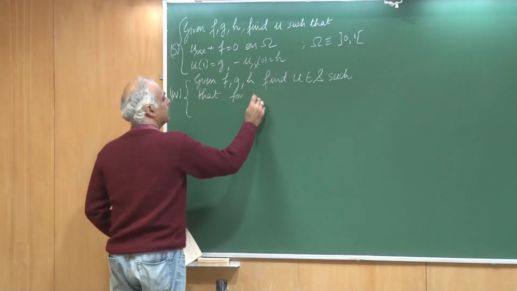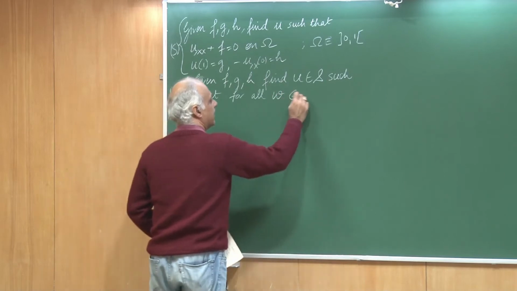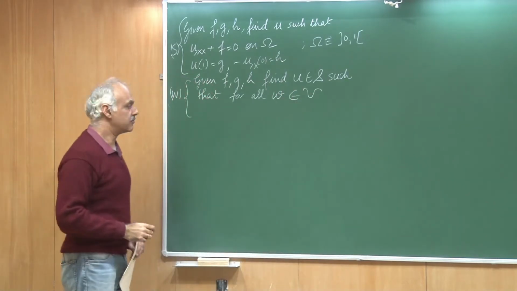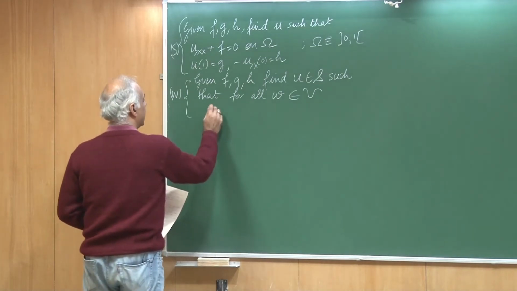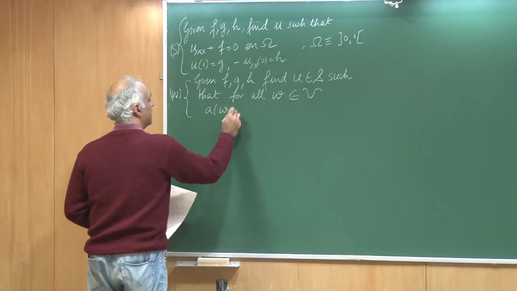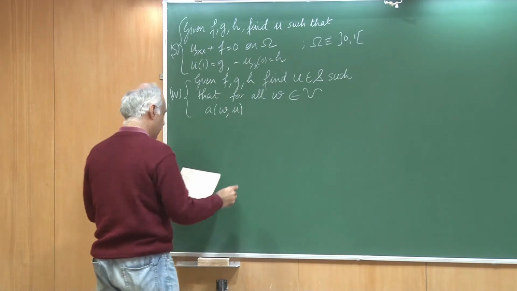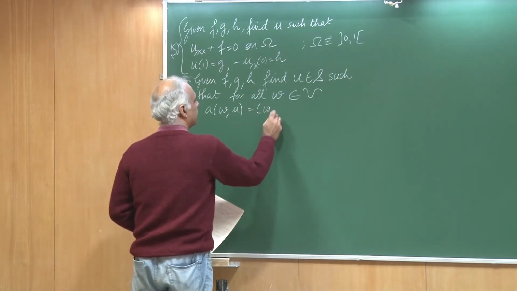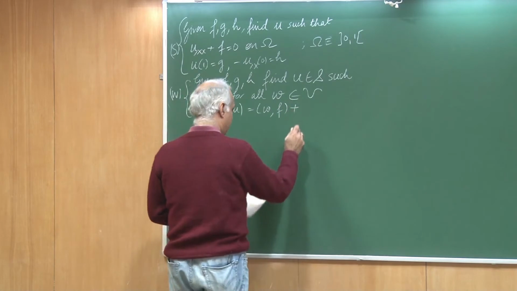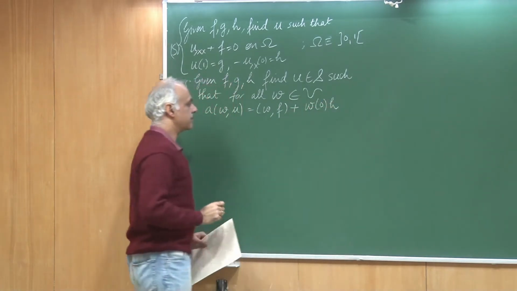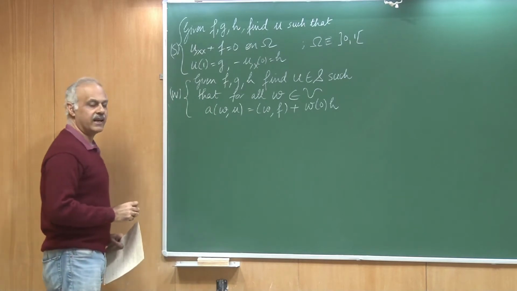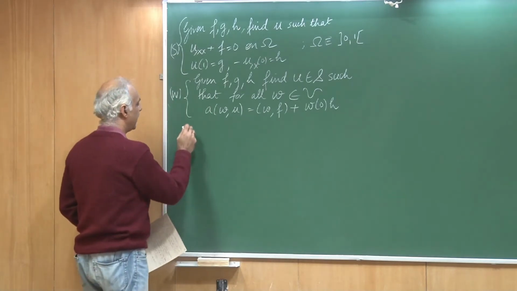for all the weight functions that come from the variation space V, I should satisfy an equation of the kind A of w comma u equals w comma f plus w at 0 times h, and the spaces are given as follows.